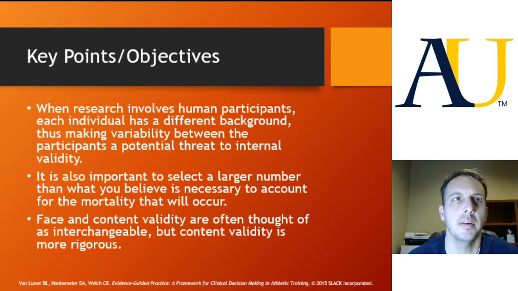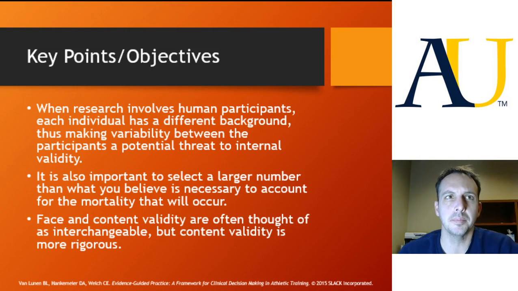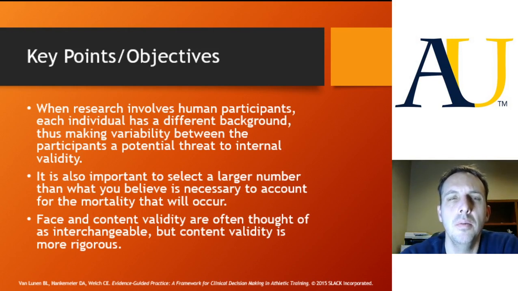So our key points here is we're going to discuss how the unique components of testing human participants make variability a potential threat to the validity of the study, and look at the difference between internal and external validity.